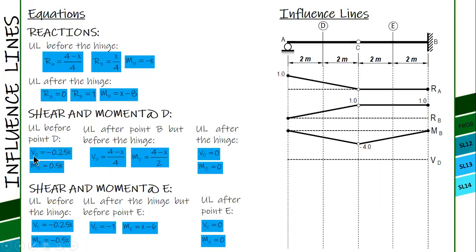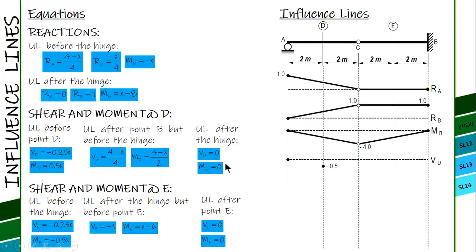And then here is the shear at D. Three line segments: 1, 2, and 3. This one is from E to D, 0 to 2. When x is 2, it is negative 0.5. The next is 2 to 4, after D and before the hinge.